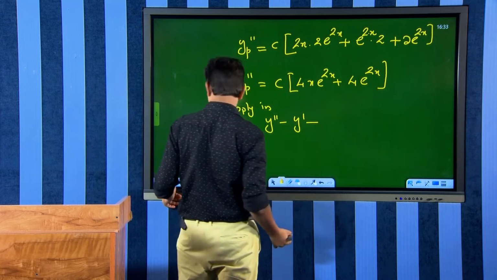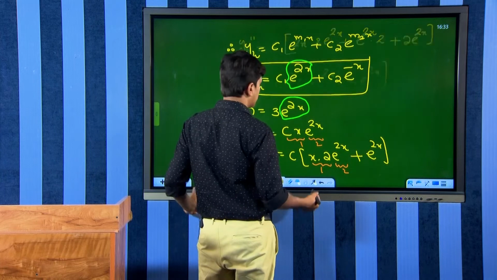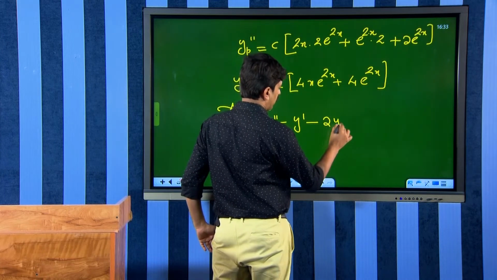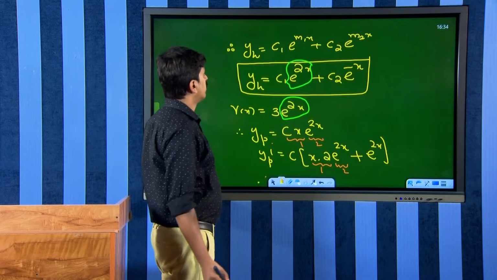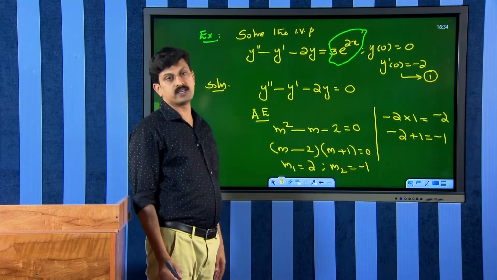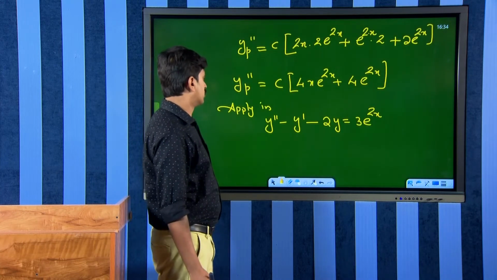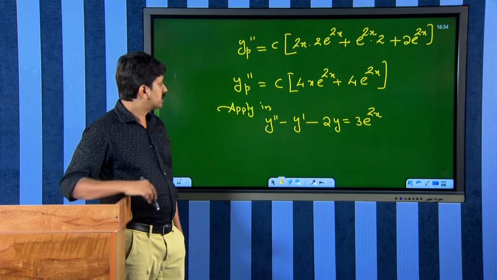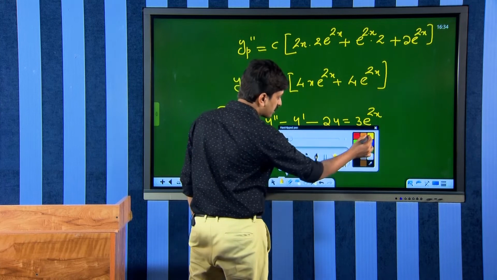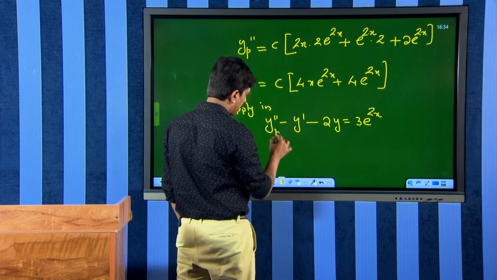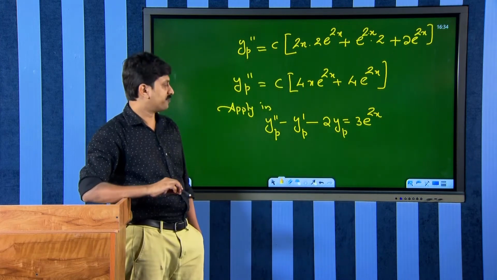See, dear students, instead of y double dash, I would like to consider yp double dash, yp dash, and minus 2yp.